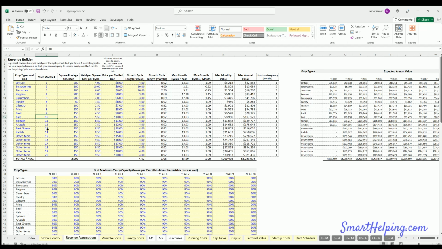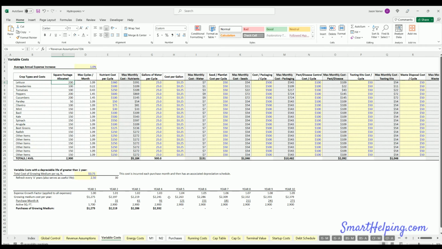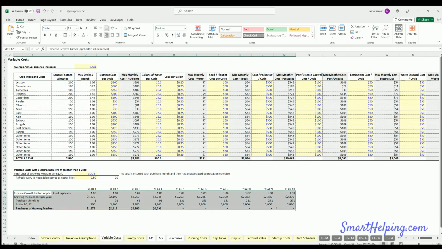If half of it doesn't start for 2 or 3 years, you don't need to buy that perlite immediately. You can buy it as it becomes active or required. So this calculation down here does all of that dynamically to figure out how much active square foot there actually is, and then based on that we can get a calculation based on the cost per square foot.